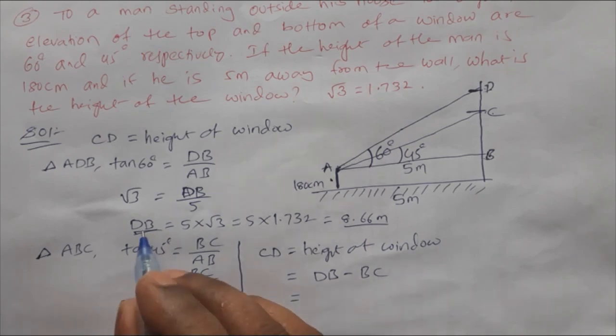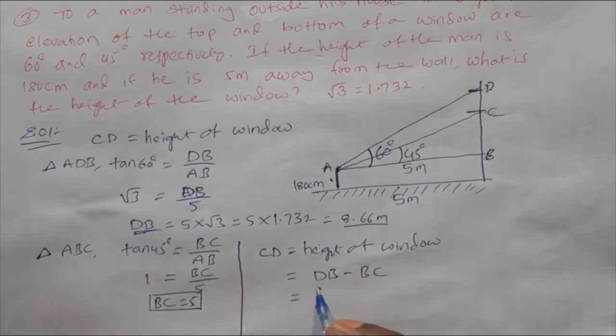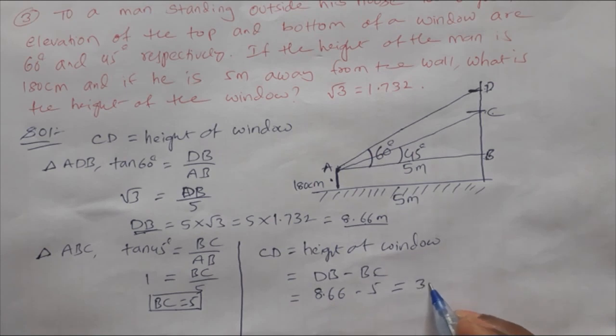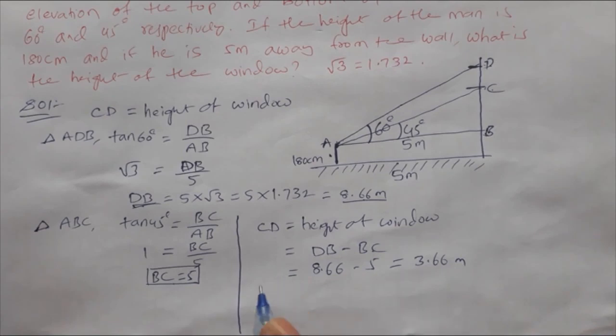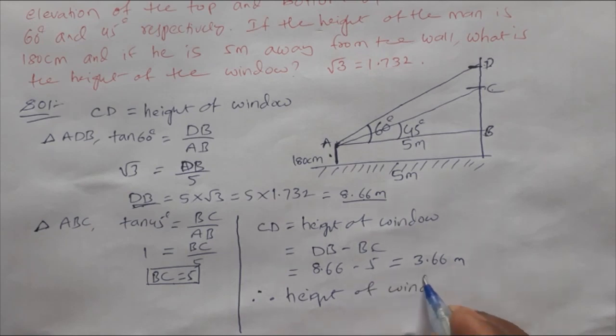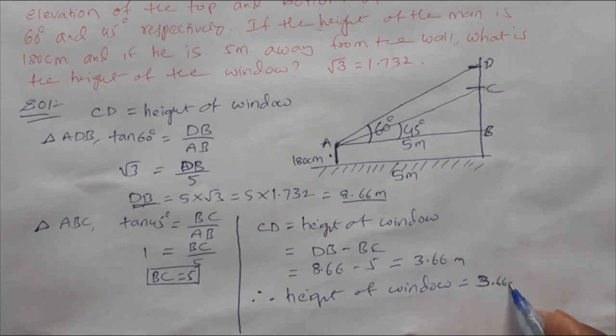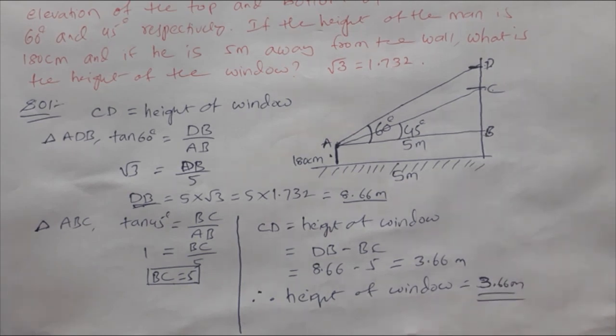DB we got 8.66. BC just now we got 5. So 8.66 minus 5 is 3.66 meters. Therefore the height of the window equals 3.66 meters. That is the answer.